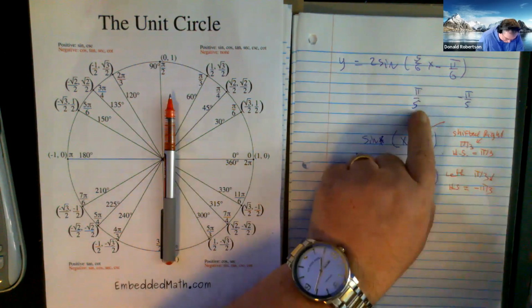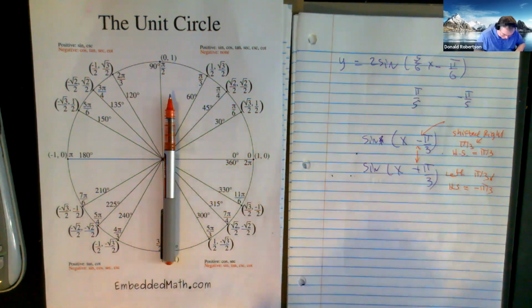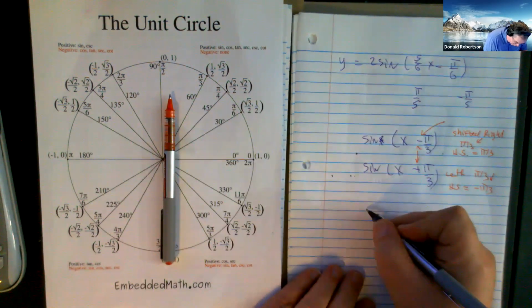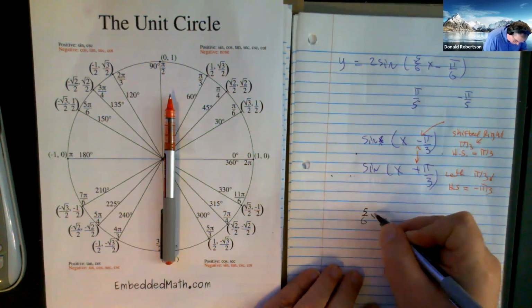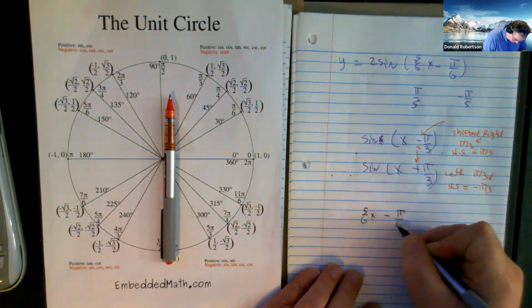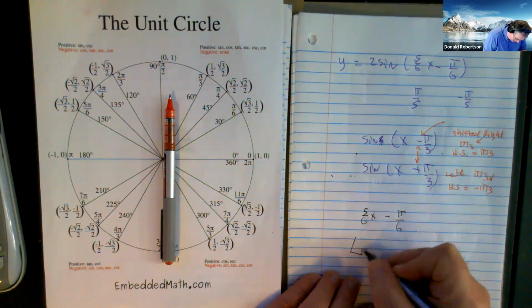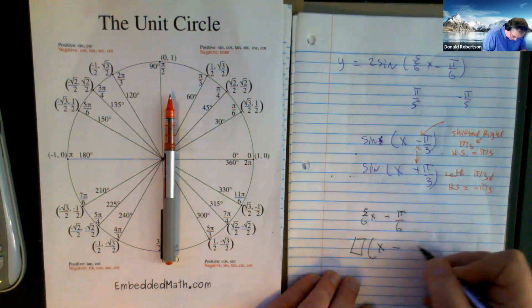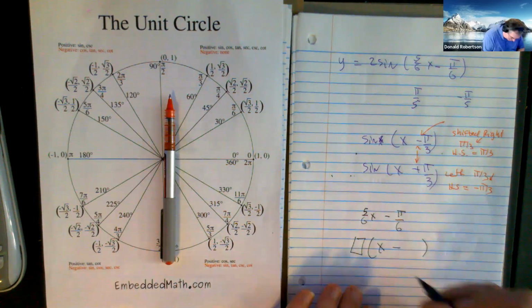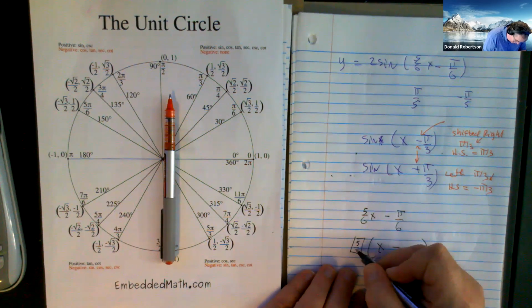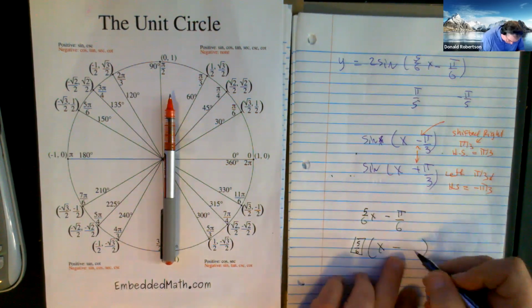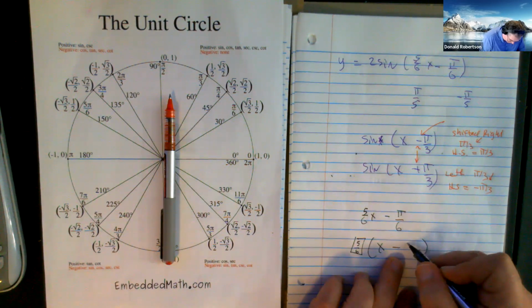Now, the fact that you got this ugly number is good, because that's actually the hard part. Because what you have to do is rewrite this as so many x minus a thing. So that has to be x, which means you have to pull out 5/6. And if you pull out 5/6, you end up with 1/5 pi.